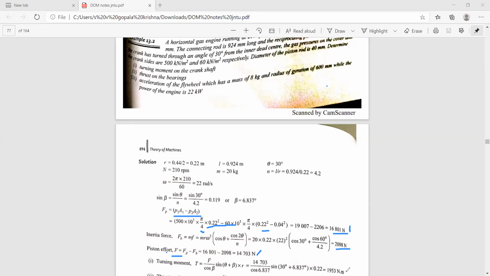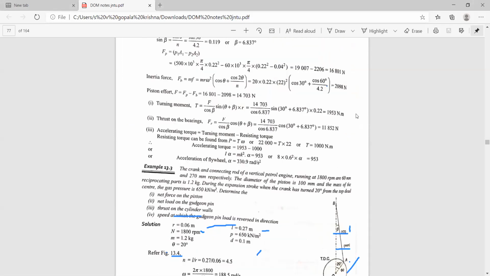So that is 1953 Newton meter. That is our turning moment.